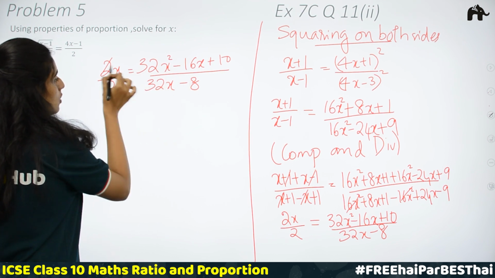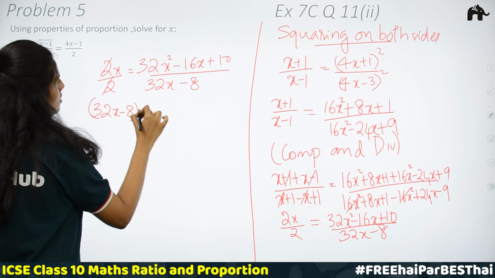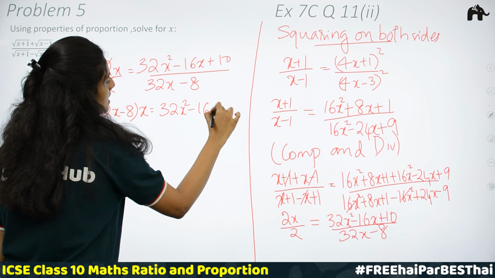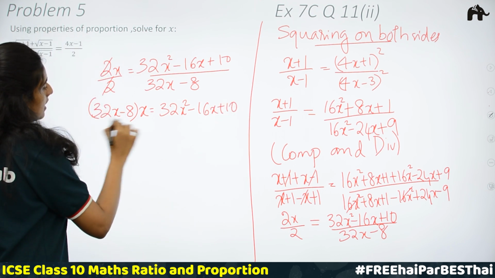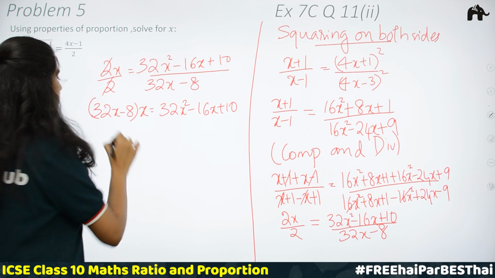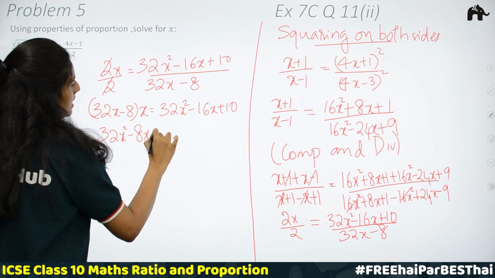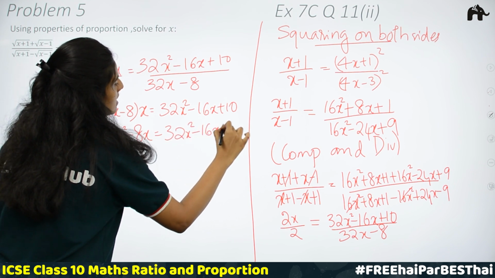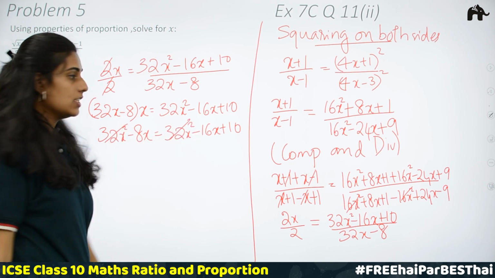Taking this term to the opposite side, 32x minus 8 into x is equal to 32x square minus 16x plus 10. Okay, that is removing this bracket and multiplying, we get 32x square minus 8x is equal to 32x square minus 16x plus 10. 32x square can be cancelled from both the sides.